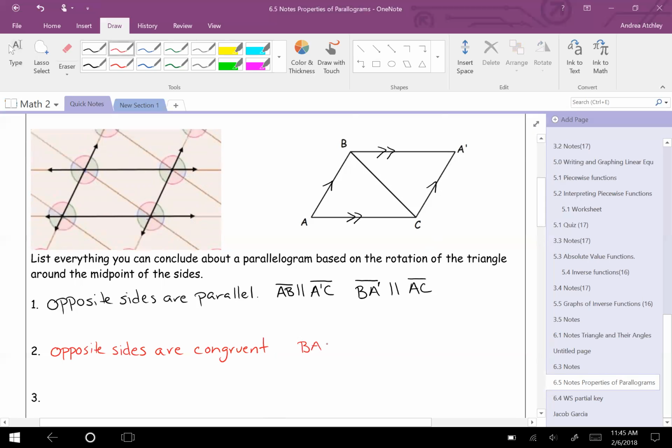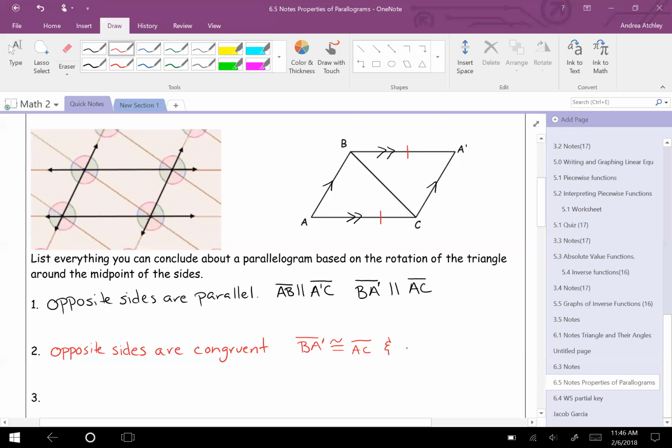So it'd say that segment BA prime is congruent to segment AC. So this is congruent to this. And we put the congruency mark on those line segments.